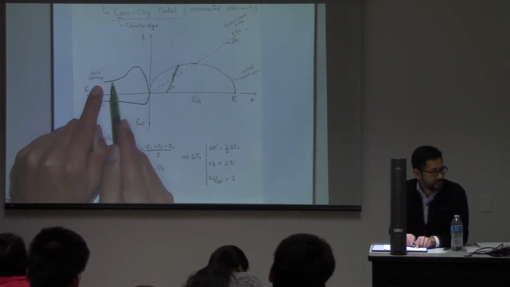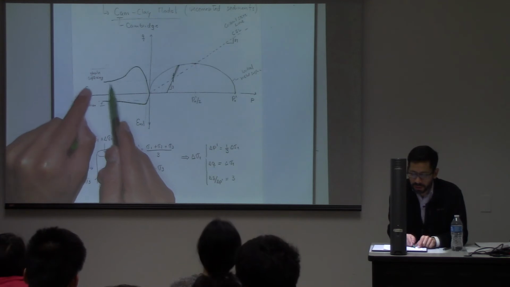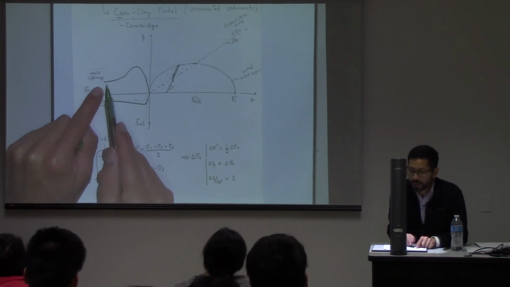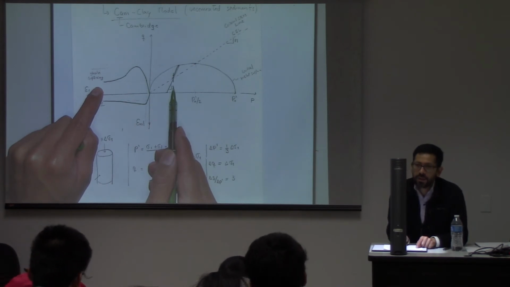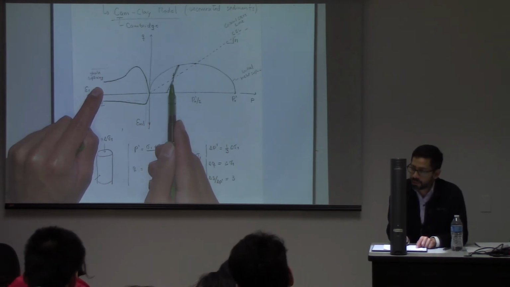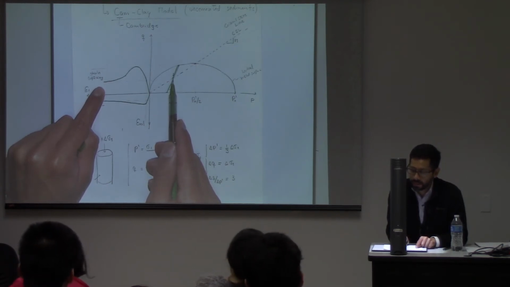So as it approaches that asymptotic behavior, it doesn't change anymore. Because it doesn't change anymore, that's why it's called a critical condition. Because it approaches that point and doesn't move from there anymore. Touches the critical state line and it stays there.